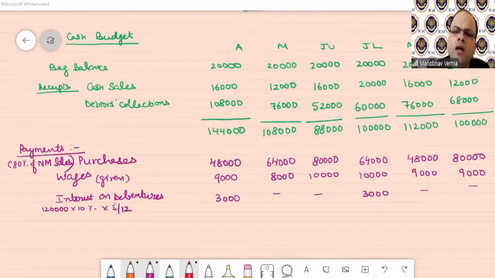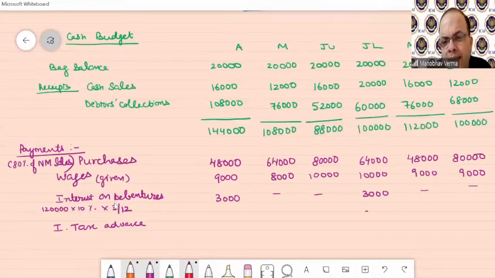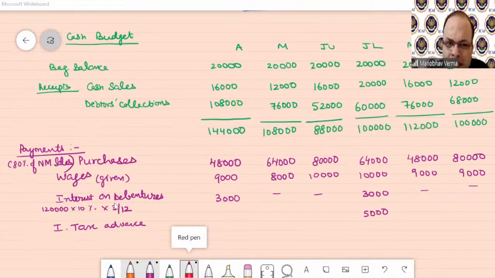And then there is an advance tax payment also, income tax. Income tax advance. They were talking about the 5,000 payment needs to be made in July. Anything else also, guys? I think we are done. Probably we can just check quickly whether we have a sufficient balance or a surplus balance or a deficit balance.